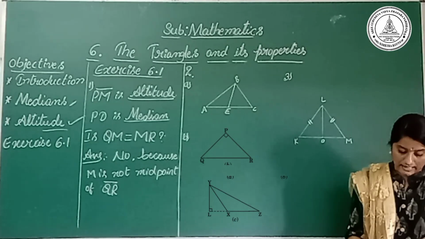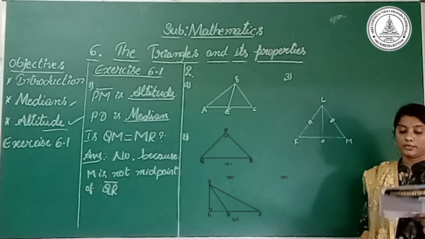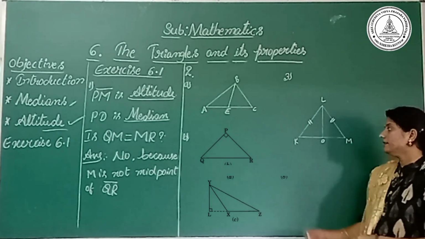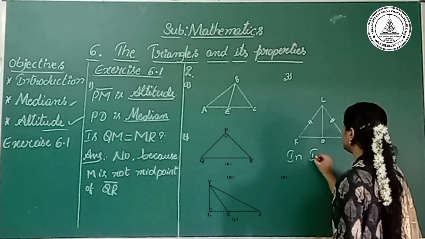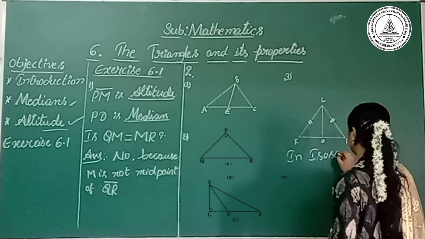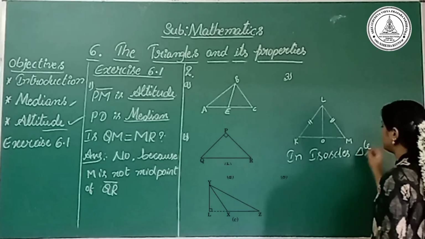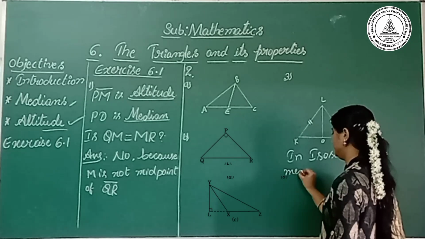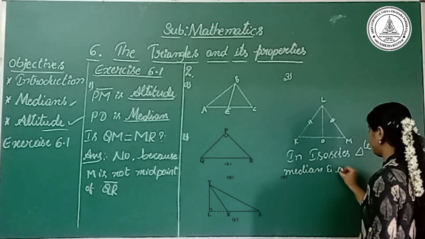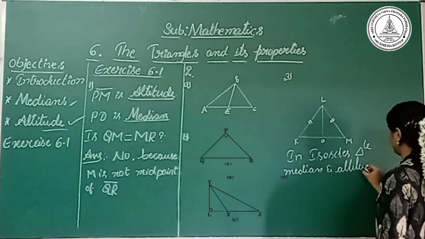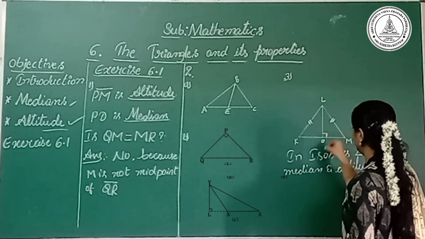So we can write: yes, in an isosceles triangle, the median and altitude are the same.